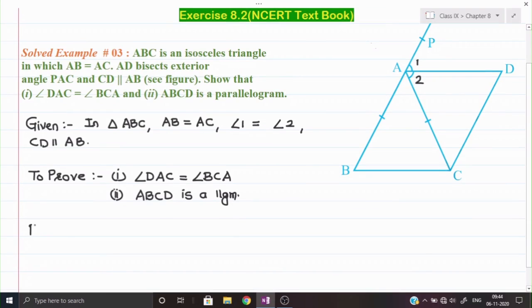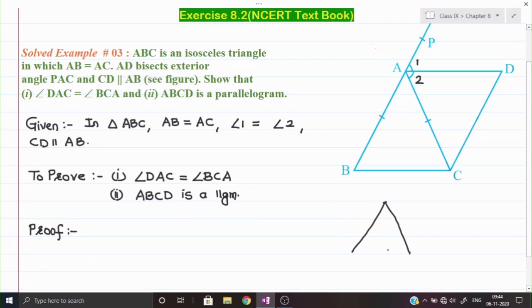Before I start the proof, first I will explain the exterior angle property, or sometimes we say the remote interior angle property. Suppose this is a given triangle. I am not able to draw it properly, since I am just explaining roughly, because you already know the theorem very well.